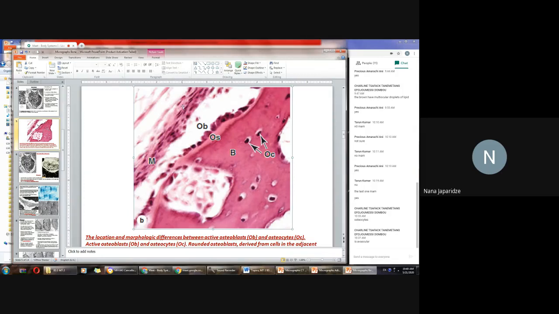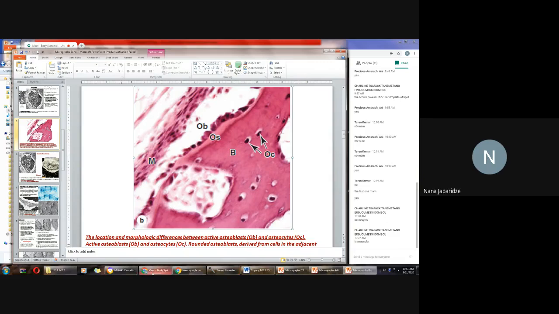Mesenchyme undergoes condensation, and mesenchymal cells differentiate into osteoblast cells. Osteoblast cells start to release collagen fibers, and this densely packed mesenchyme looks like a real membrane, you know. And then they start to produce the osteoid. So what is osteoid? This is a new, not finally differentiated layer of bone tissue.